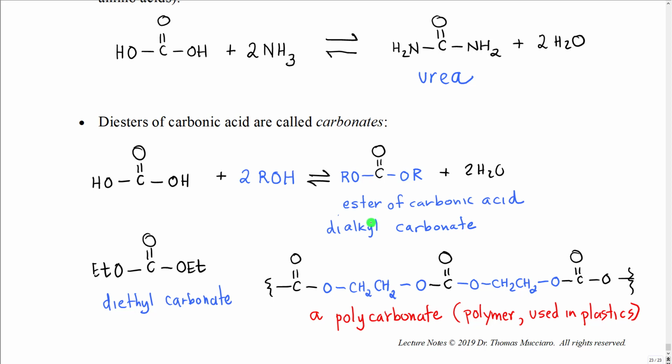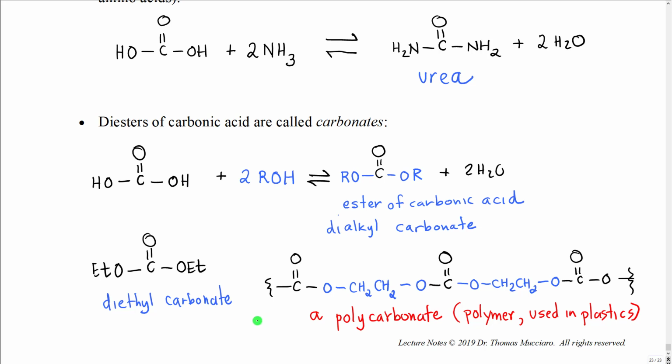This is called a dialkyl carbonate. Remember, when we name esters, we use the carboxylate name, so we take the "ic acid" off and we put "ate" on there, that's carbonate, and then we name the carbon groups that are attached. So a carbonate is a diester of a carbonic acid.